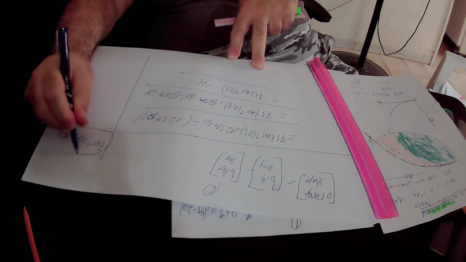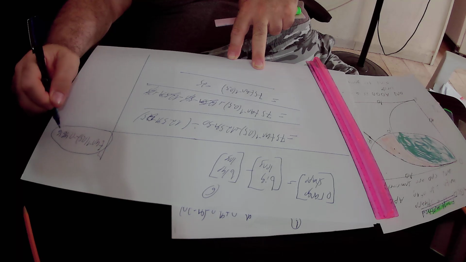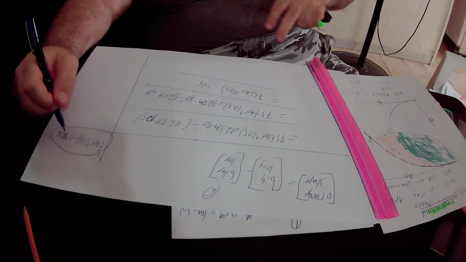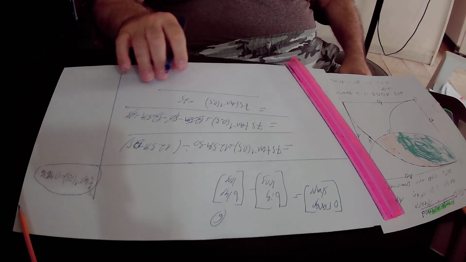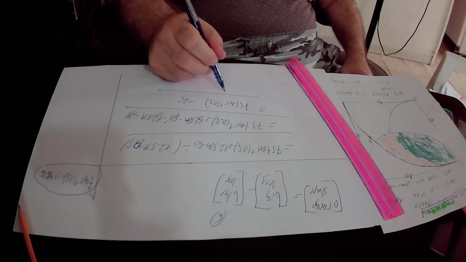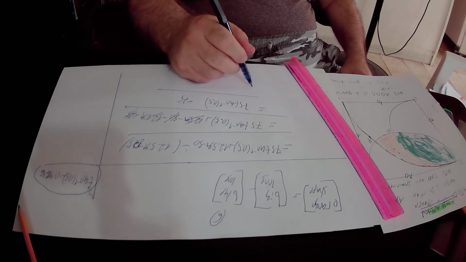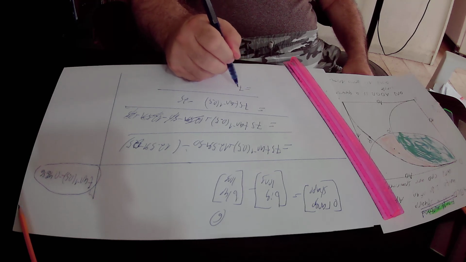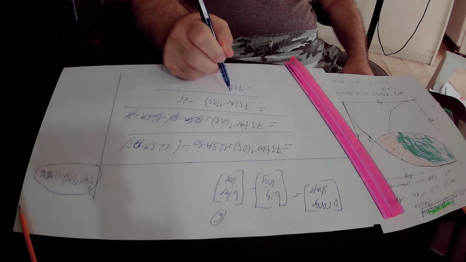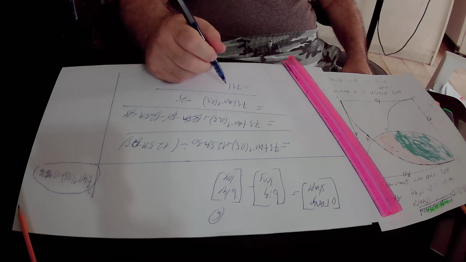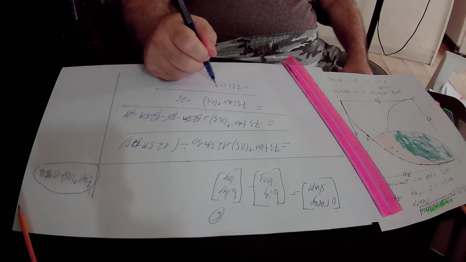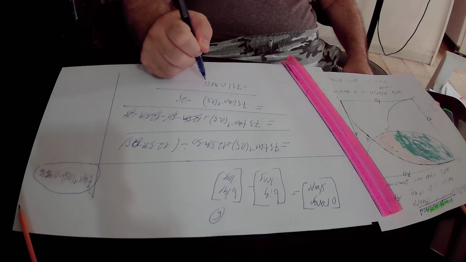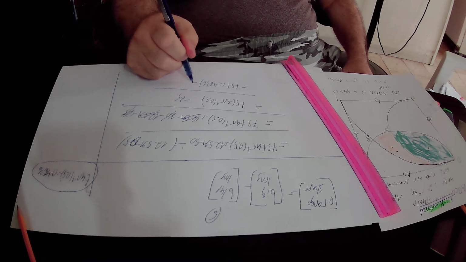This is the value of tangent minus 1 of 0.5. So we'll substitute tangent minus 1 of 0.5 by 0.4636, and we'll get that it's 75 times 0.4636 minus 25.